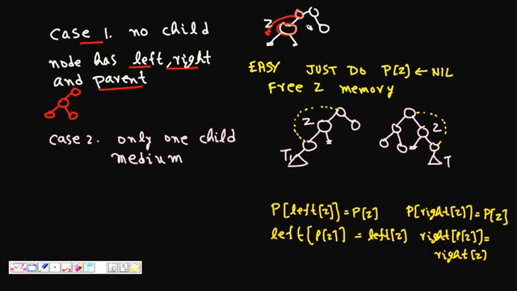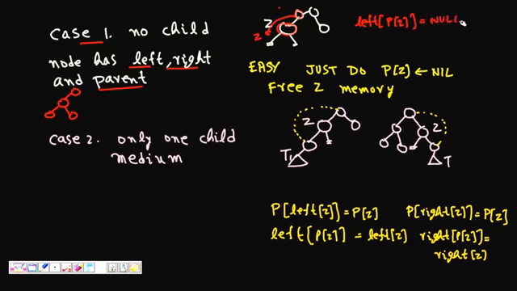So this is Z, and the left child of the parent of Z will become null, which means this connection is gone.